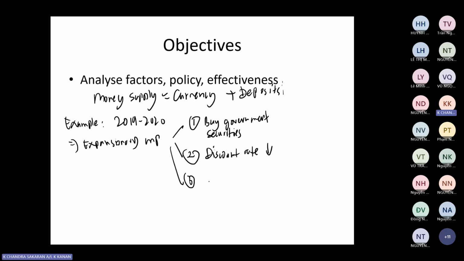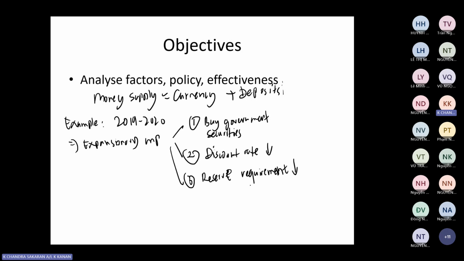Number three is the reserve requirement. This is how many percent of the deposit must be kept as a reserve and cannot be given out as loan. The reserve requirement also will be reduced, so that the commercial banks need to keep a smaller reserve. Smaller reserve means they will have a lot of excess reserve to give out as loan.